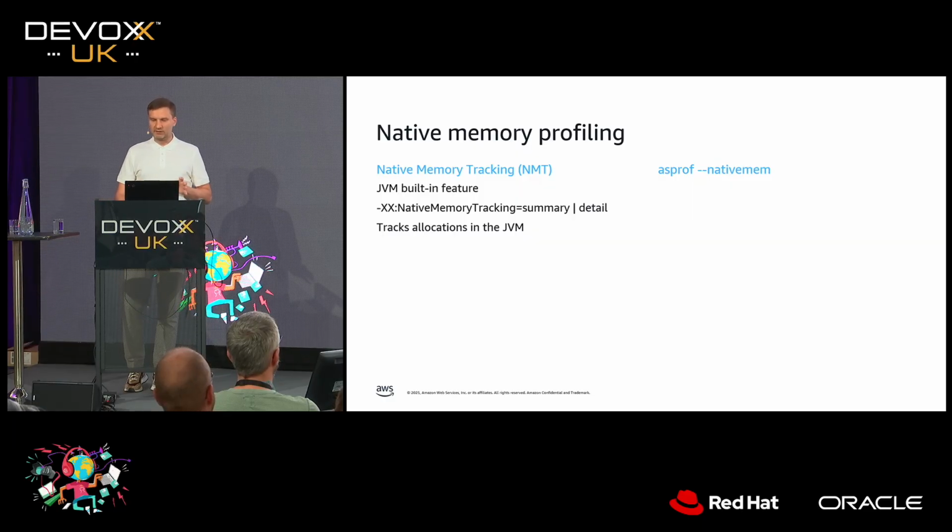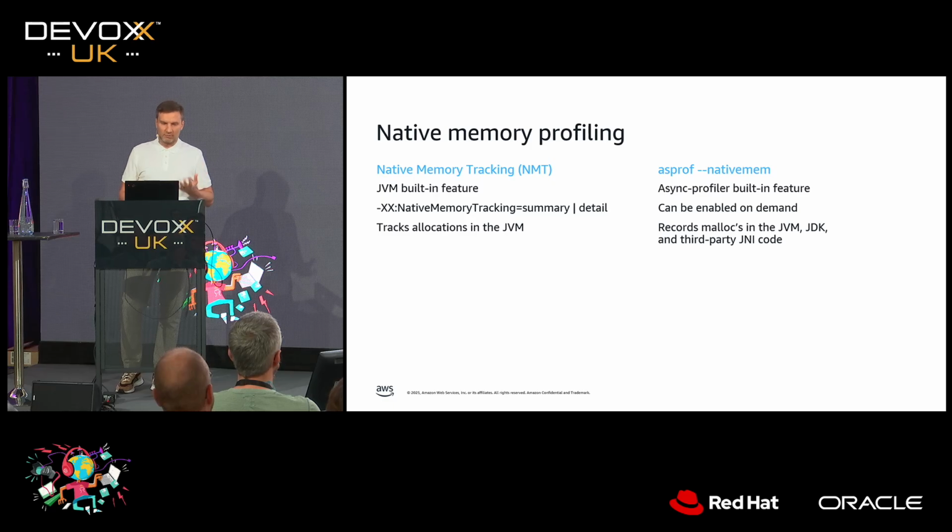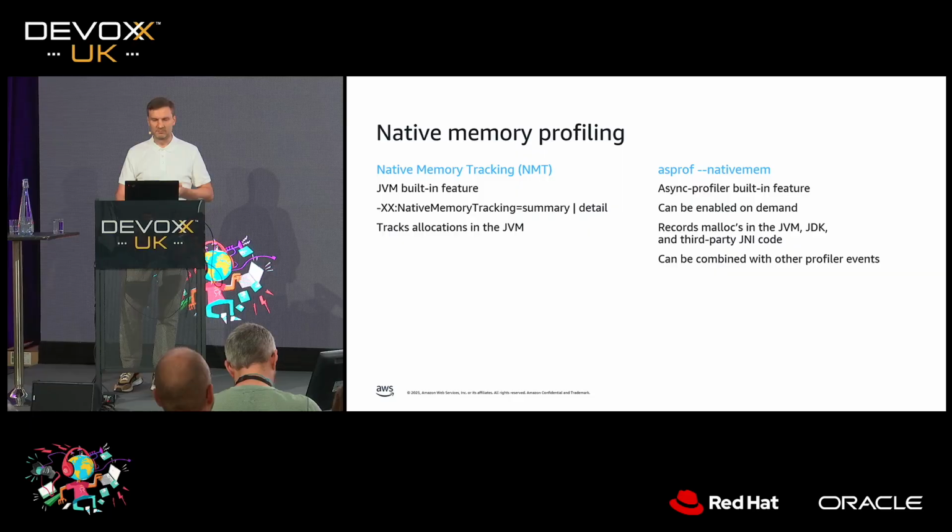Native memory profiling, not to be confused with Native Memory Tracking in the JDK, has an advantage that it can be enabled at runtime. It doesn't require any JVM options at startup. And unlike Native Memory Tracking, it profiles not only allocations in the JVM itself, but also in the JDK class libraries and in third-party JNI code.